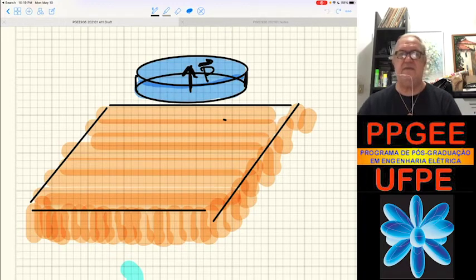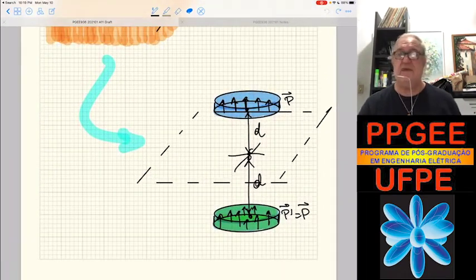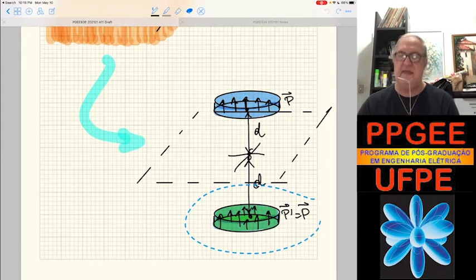So what's the image? Well, it's the image of several dipoles. We can solve the problem above the plane by calculating the potential due to a polarized disc plus its image, which also points upwards.